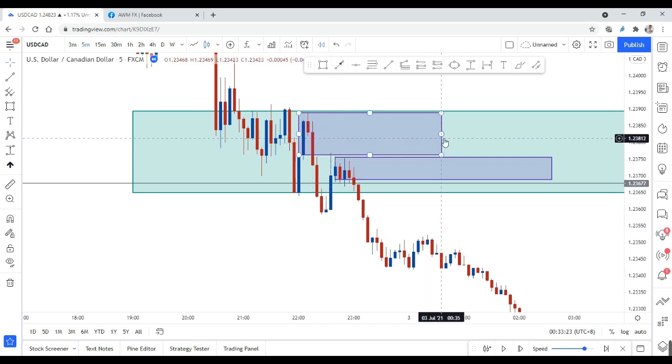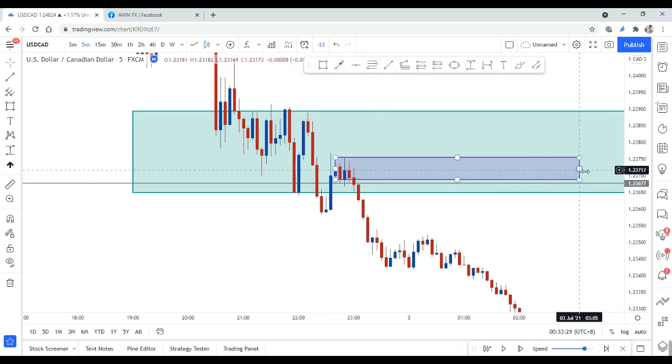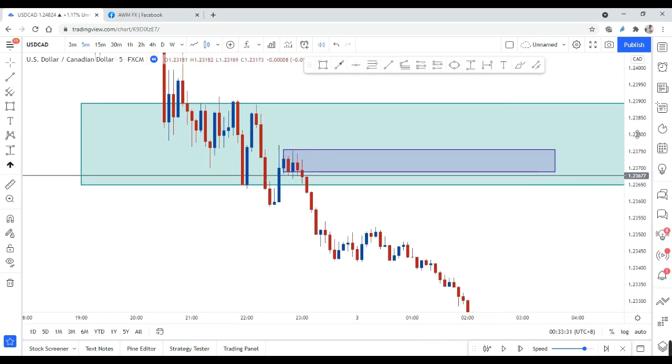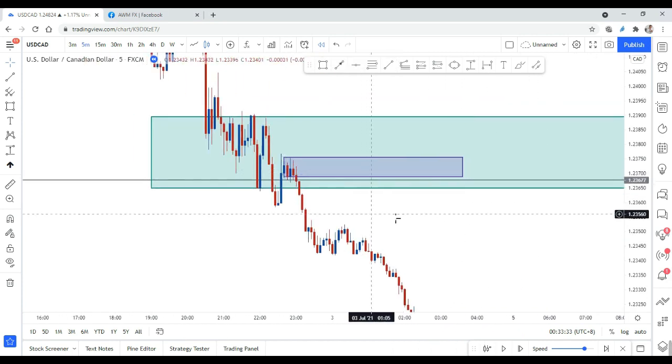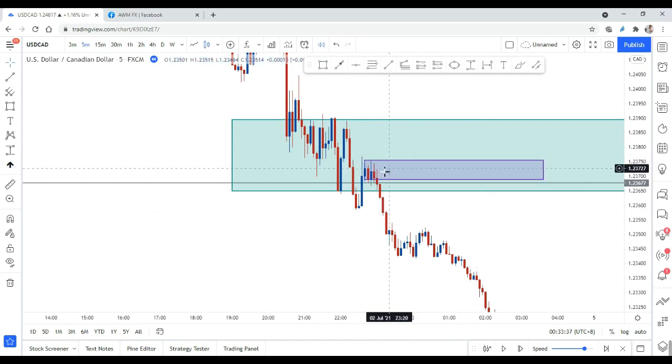But why do I ignore the upper zone and take this zone over here? There is, of course, a really confirmed reason. This is all through experience. If you look at the movement over here, even though it's M5, it's drop, base, rally, base, drop.